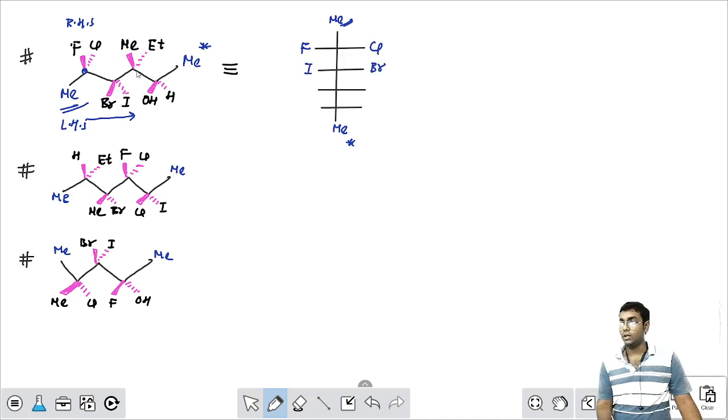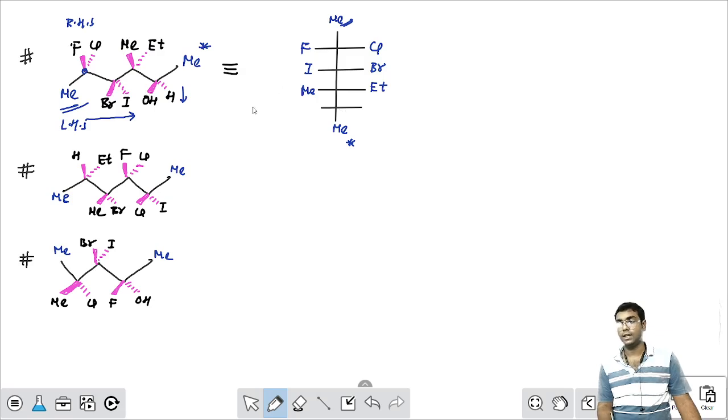Fine. For the next carbon, we can see that the methyl, the above the plane atom, is in the right hand side of the concave, so we have to place it in the left hand side, and we have to keep the ethyl as it is, right? For the next carbon, we can see that the above the plane group is situated in the left hand side of the concave. This side is the left hand side because we are seeing the molecule from this end to this end.